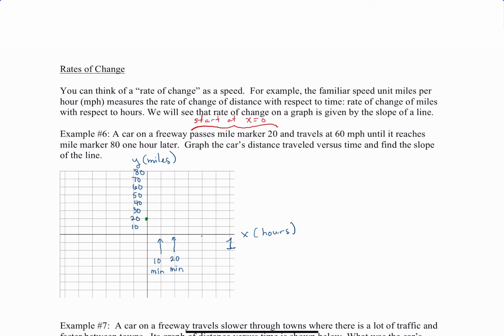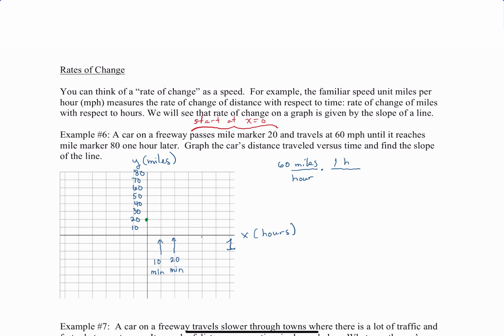Now, since it's a little easier to think in terms of minutes, even though our x-axis is technically in hours, let me point out that 60 miles per hour is the same thing as 1 mile per minute. And maybe I can convince you of that by doing a quick unit change here.